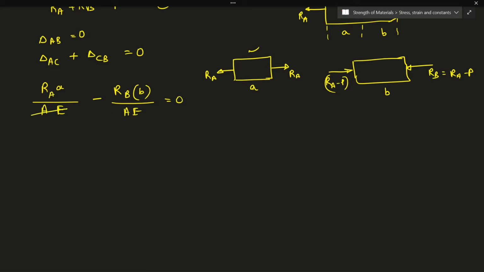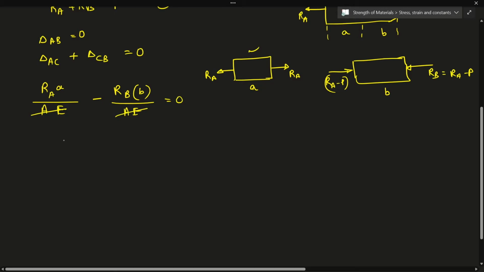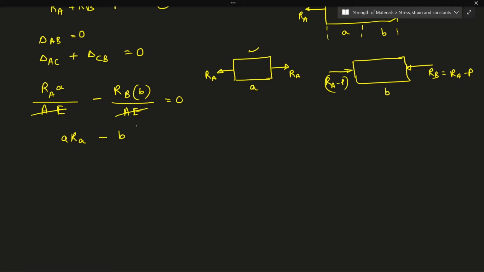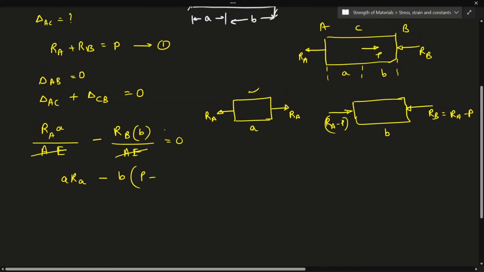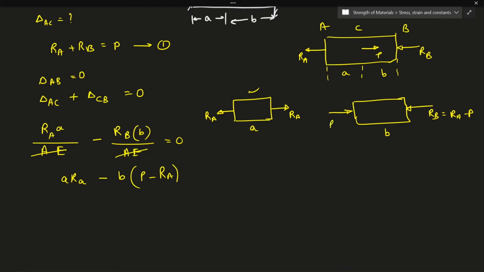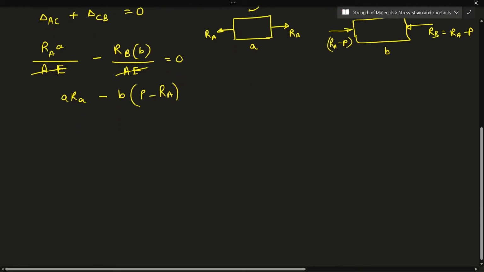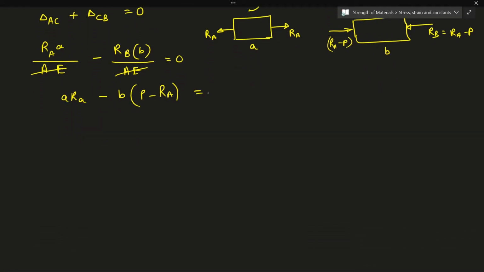Since the area and the material are same, we can cancel them out. Right, so here I'll have RA into A minus B into P minus RA, right? So whole divided will be equal to 0.